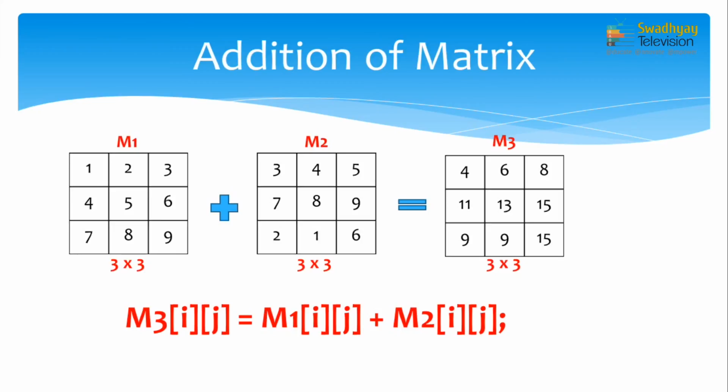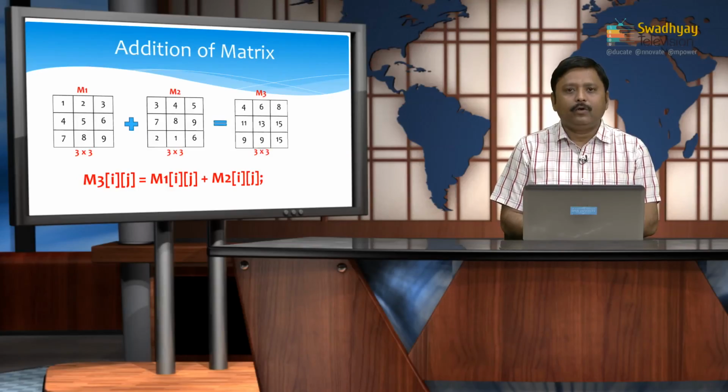So, 1 plus 3 is 4, 2 plus 4 is 6, 3 plus 5 is 8, 4 plus 7 is 11, 5 plus 8 is 13, 6 plus 9 is 15 and so on. So, in general we can say M3 ij is equal to M1 ij plus M2 ij, where i represents the row number and j represents the column number, and these row and column numbers always start from 0.